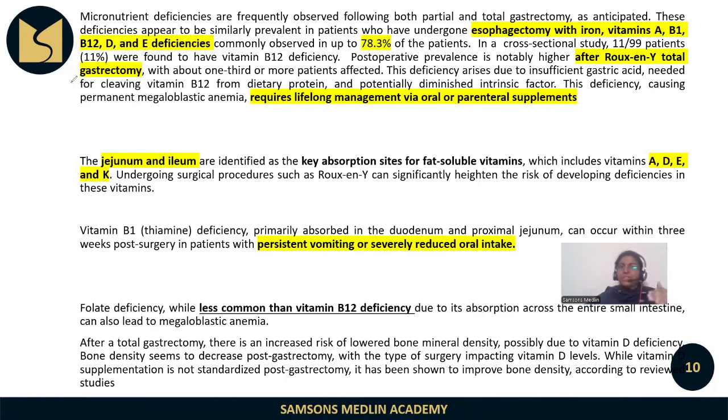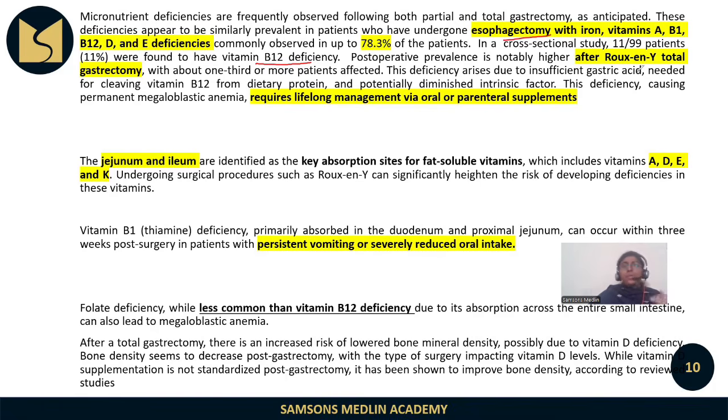But here we are going to see which vitamin deficiency is more happening in the case of gastrointestinal surgery. It is found that vitamin B12 deficiency is more relevant, that is associated with gastrointestinal surgery. You can see it in the case of esophagectomy as well as in the case of Roux-en-Y gastrectomy.